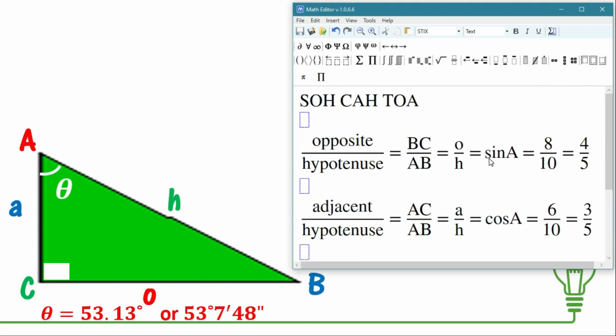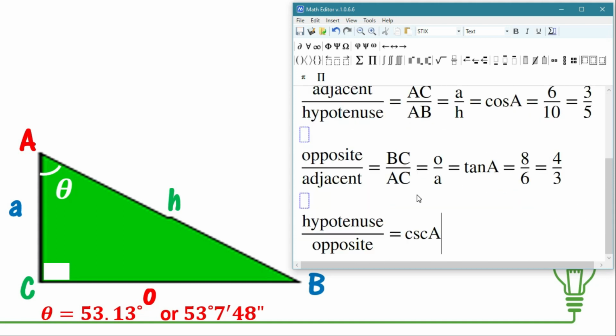So, cosecant A would be equal to 1 over sine A. So, kung pagbabasihan natin yung ginawa natin kanina, sine A is equal to 4 over 5. Meaning to say, ang ating magiging cosecant A would be equal to, sabi natin, ang hypotenuse natin kanina is 10.